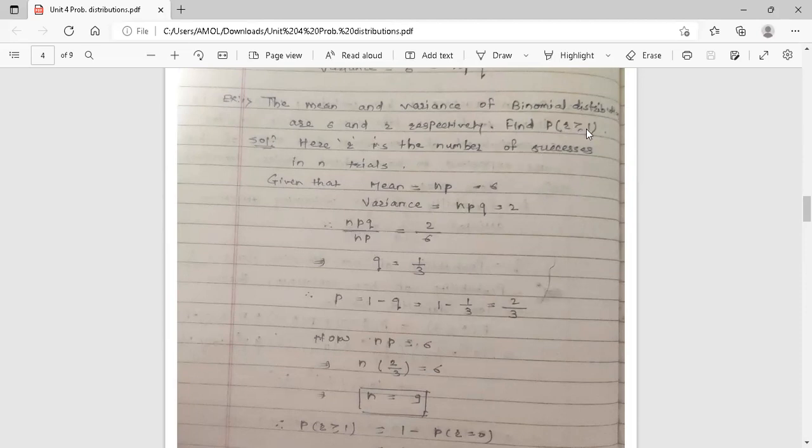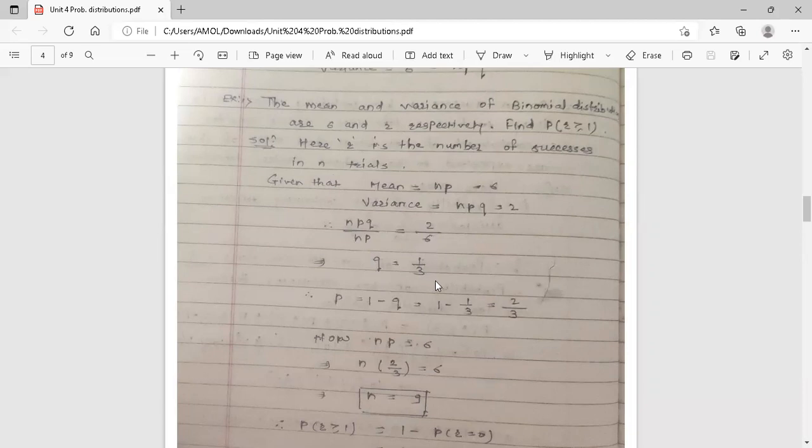Here r greater than or equal to 1, but we don't know the value of n. To calculate the value of n, you assume the ratio variance upon mean, npq upon np. npq means variance, its value is 2, and np means mean, its value is 6. So the ratio is 2 by 6. You simplify it, p gets cancelled, n gets cancelled, so the value of q is 1 by 3.